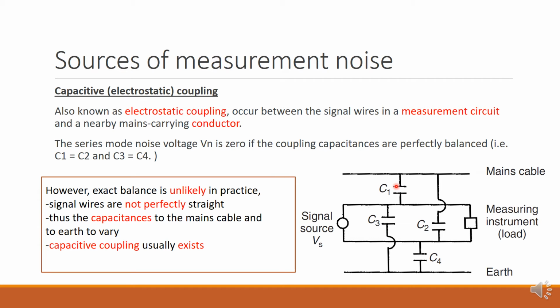The capacitance between each signal wire and the main conductor, C1 and C2, is created even though the cable is non-active. Another capacitance is created between your measurement circuit wire and the earth ground.